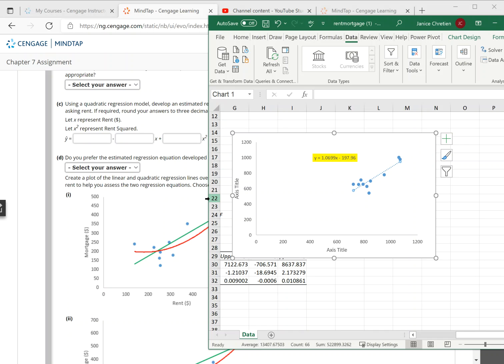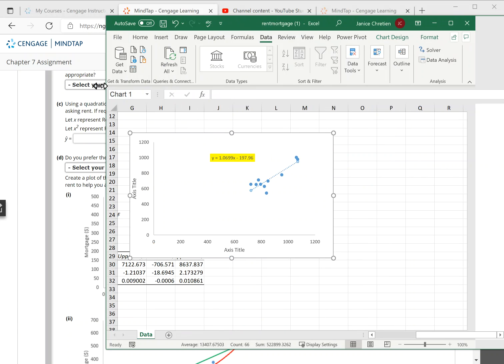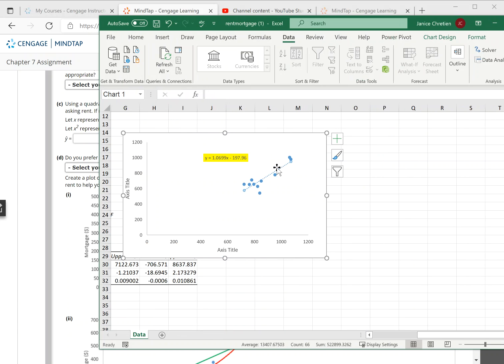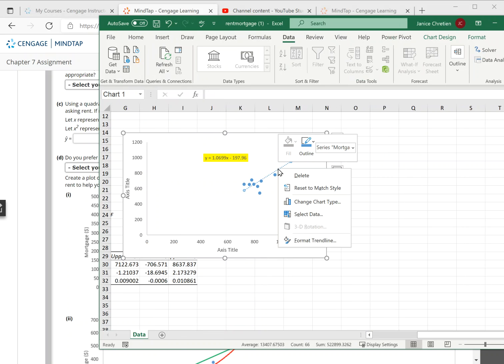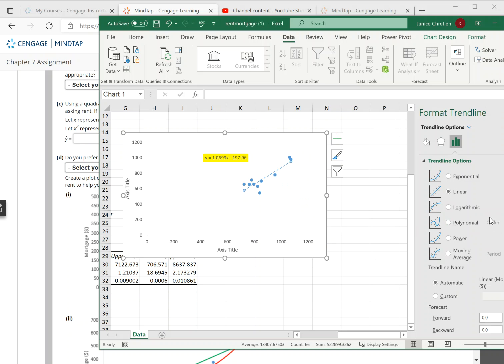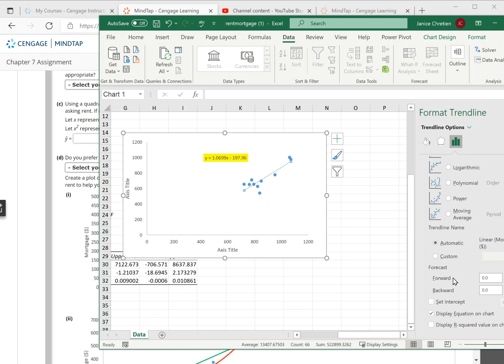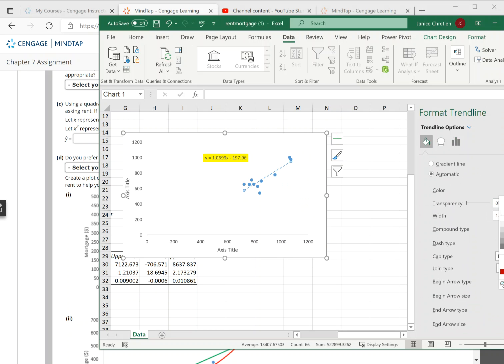Probably have to make this big. Format trend line. It's my linear. Okay. Let's make it, what did they have? They had green. Did that work? Yeah, but it's dotted. And I can make it a solid line. How's that?